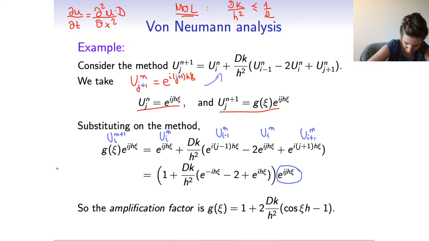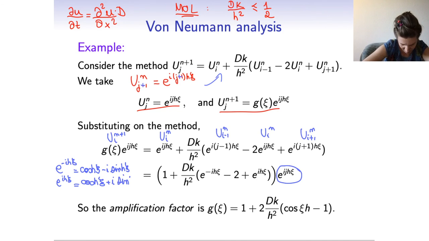So e^{-i h psi} is equal to cosine of h psi minus i sine of h psi, and e^{i h psi} is equal to cosine of h psi plus i sine of h psi.